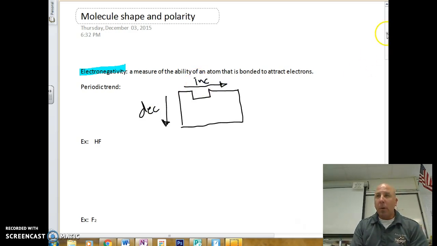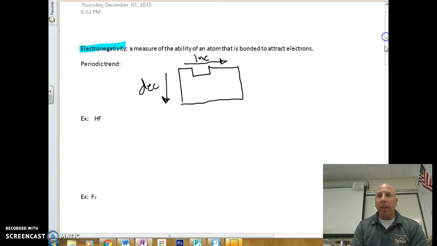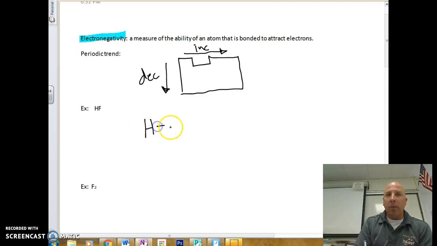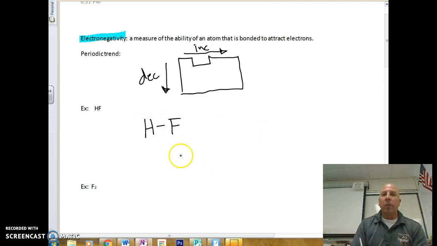We can take a look at electronegativity and how it affects polarity of molecules really quickly. Let's take a look at HF first. If we draw the Lewis structure of HF, it looks like this. We have hydrogen bonded to a single fluorine. For ease, I'm not going to draw the unshared pairs of electrons around the fluorine.